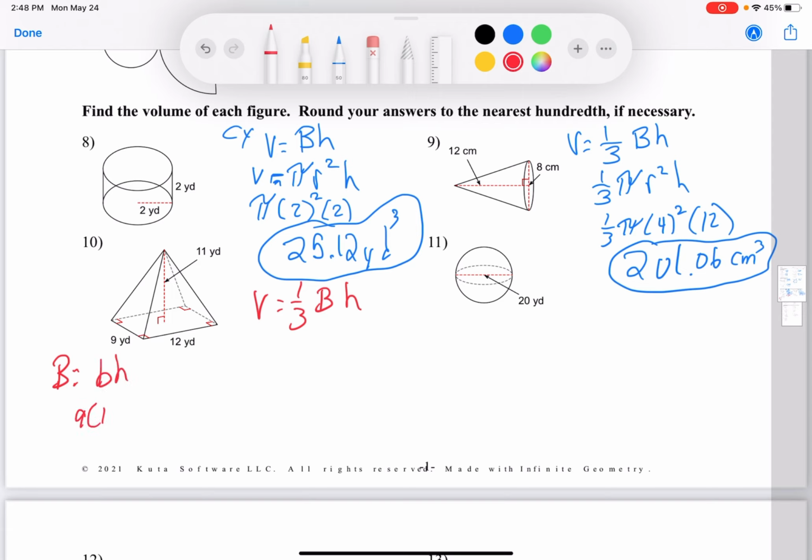So 9 times 12. This is going to be 1/3 of 9 times 12 times our height, which in this case is 11. So 1/3 times 9 times 12 times 11, you get 396 yards cubed.